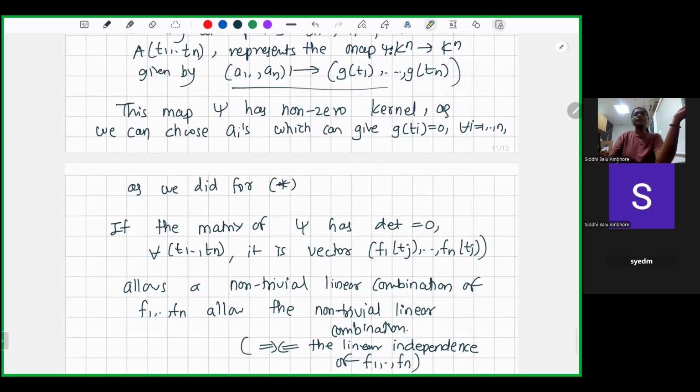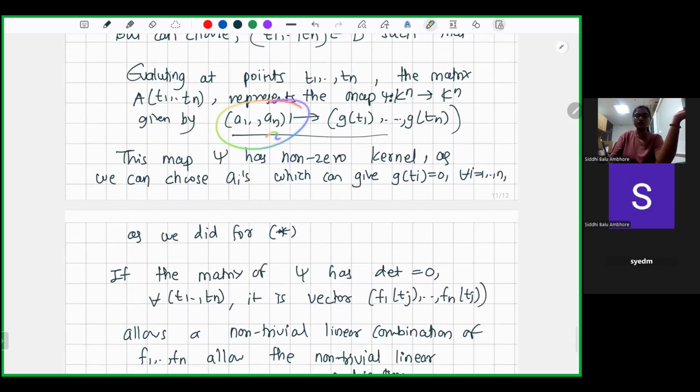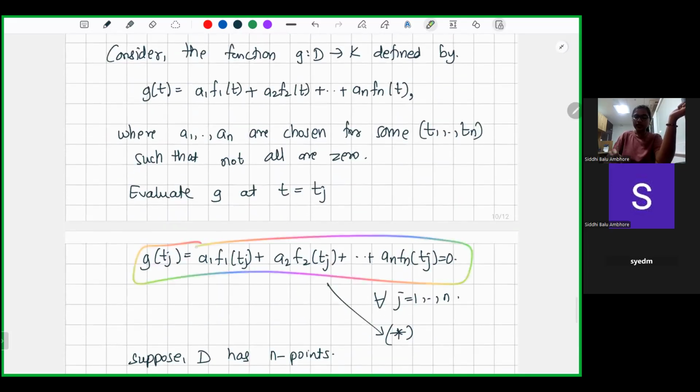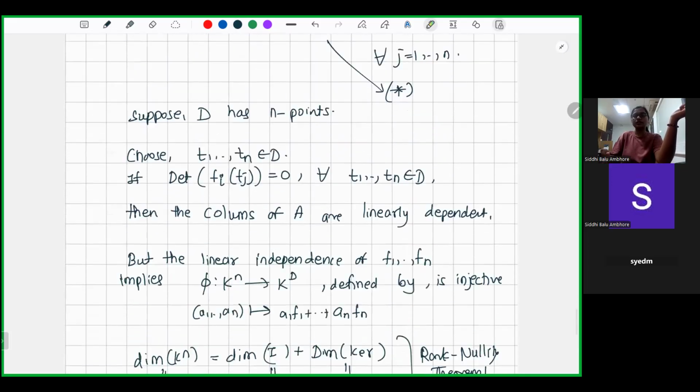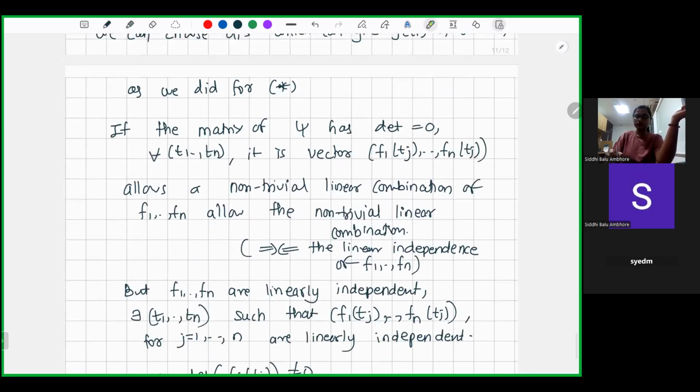And if this map has non-zero kernel, it implies we have a linear combination of A1 to An, that is, when I evaluate at each Ti it becomes 0.